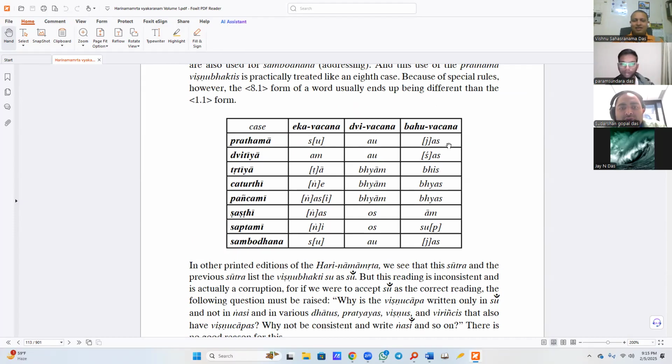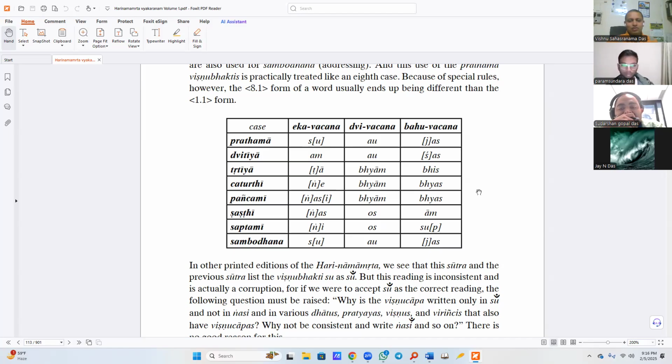I'll pronounce, you can all say after me. So Su, and we'll go vertically. Su, Au, Jas, Am, Au, Shas, Ta, Bhyam, Bhis, Nge, Bhyam, Bhyas, Ngasi, Bhyam, Bhyas, Ngas, Os, Am, Ni, Os, Sup.